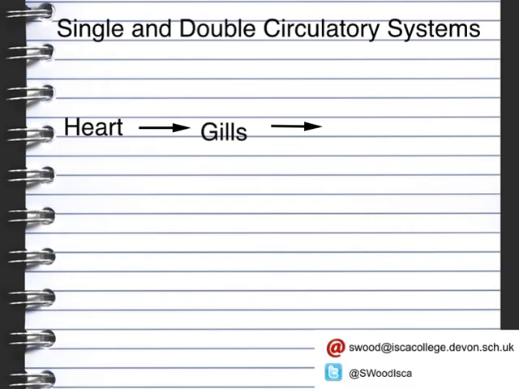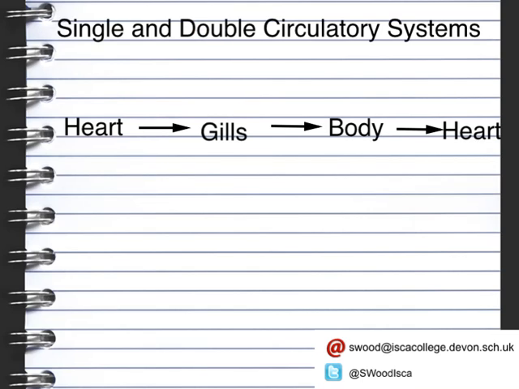From the gills, where we collect oxygen and remove carbon dioxide, we go to the body, and that's where we can do our respiration. And then from the body we go back to the heart so it can be pumped around. Now the blood vessels here will carry oxygenated blood and deoxygenated blood around the body, so you'll have a mixture of the two.